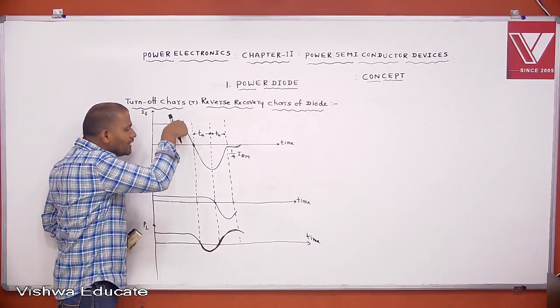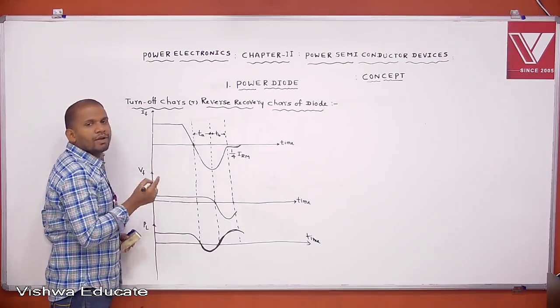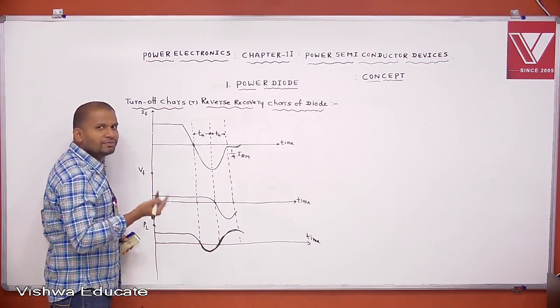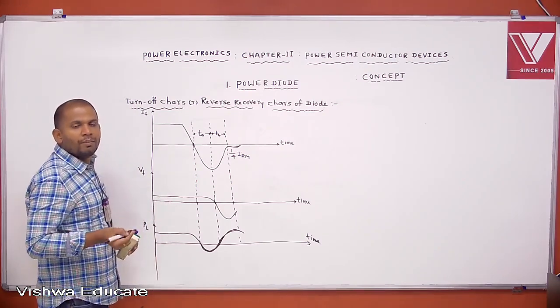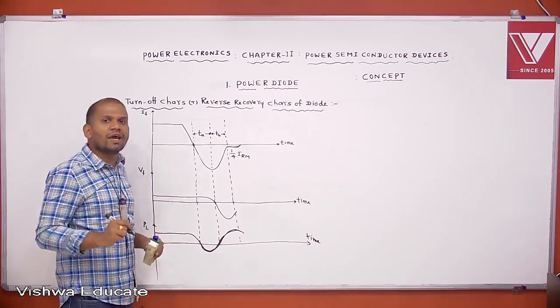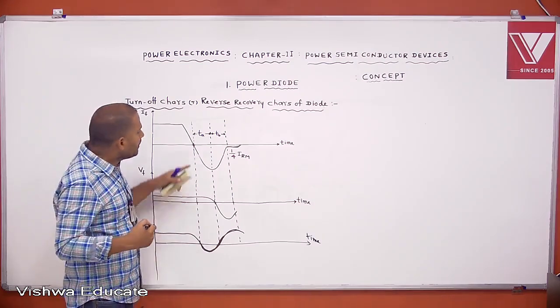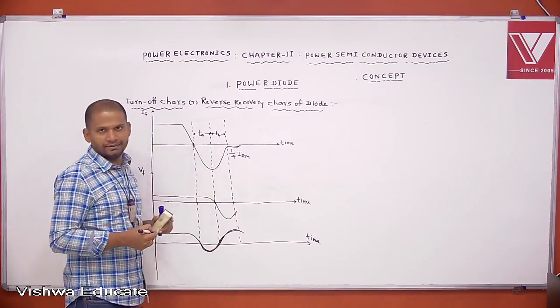The diode continues conducting because of stored charges in the junction and layers, that is, minority charge carriers.